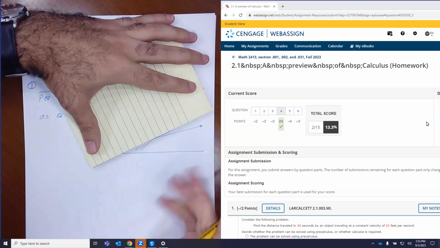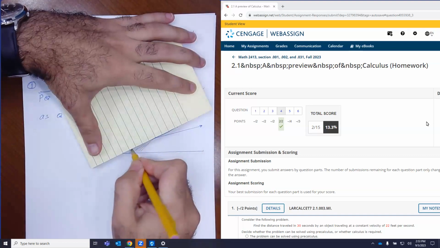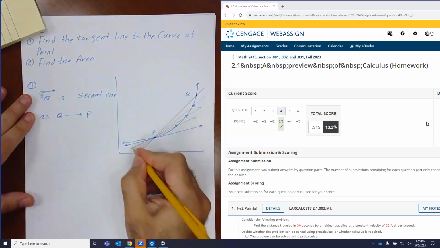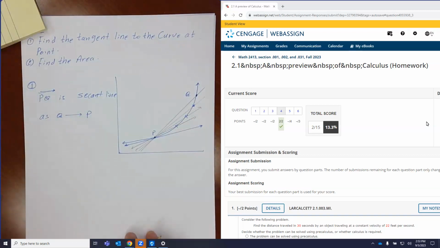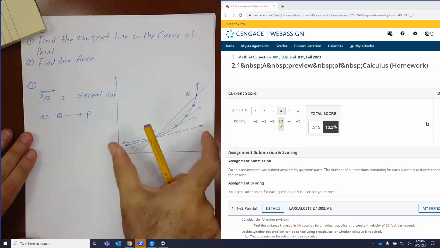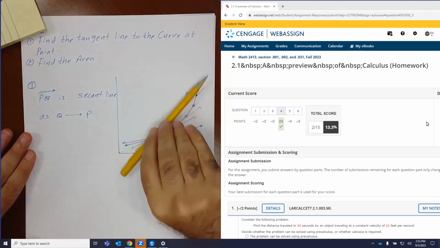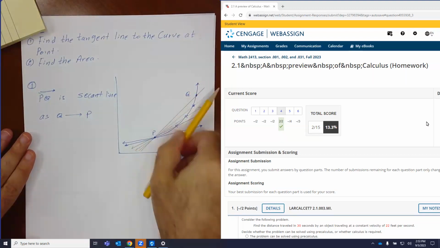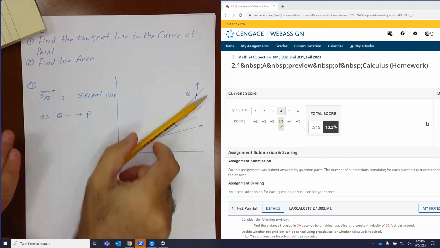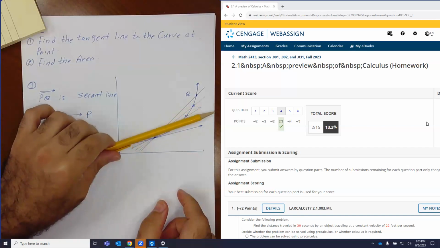And we notice that every time we get a new secant line, the secant line is approaching the tangent line. So we start from this location. Then every time Q approaches the point P, we get a new secant line, and then another new secant line, and then another secant line.